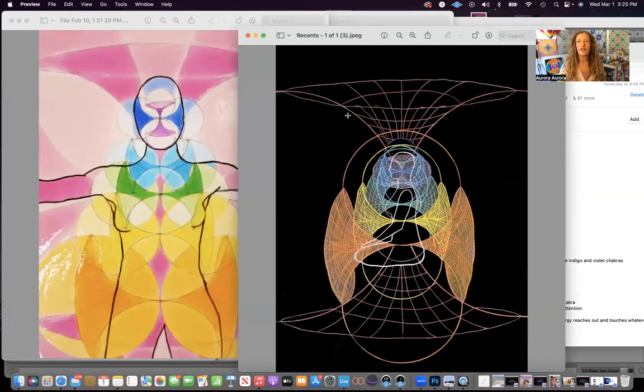It is a scratchboard type of etching, and I'm bringing it up because this is what we're talking about today: the intersection of the indigo chakra or energy center, also known as your Christ center, or the aperture through which you perceive non-optical light.